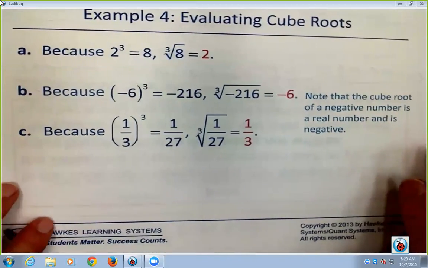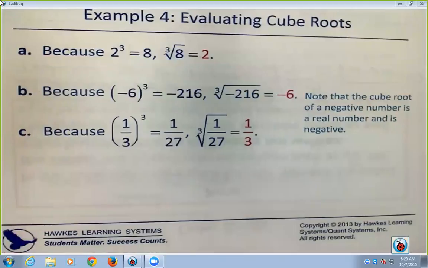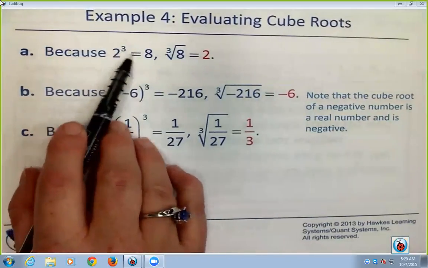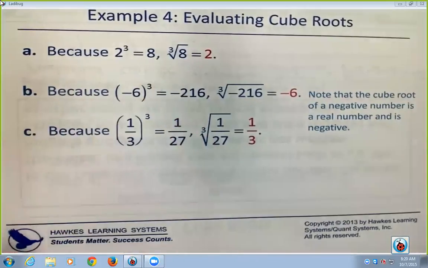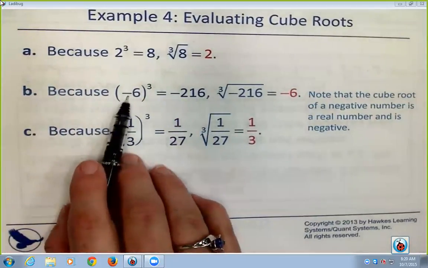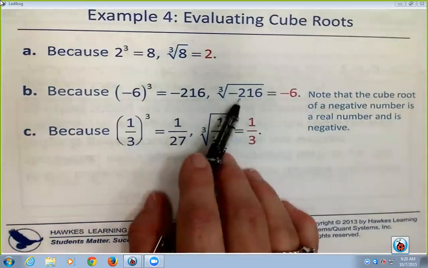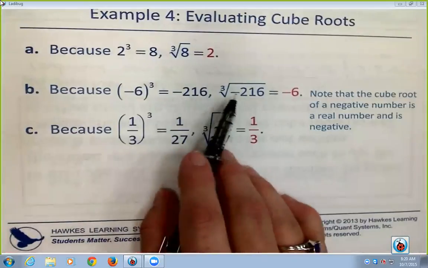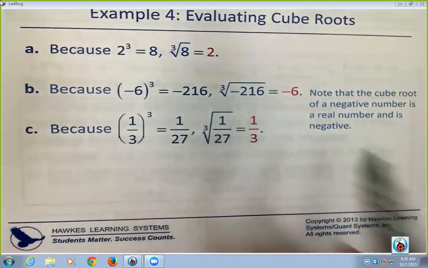So if we look at cube roots and we look at what happens with those, 2 cubed is 8. The cube root of 8 is 2. The cube of a negative 6 is a negative 216. The cube root of a negative 216 is a negative 6.